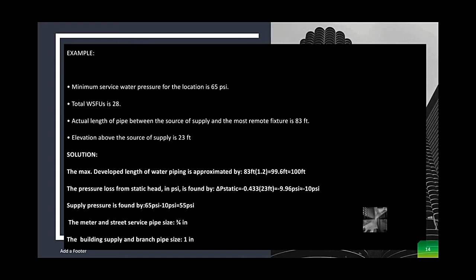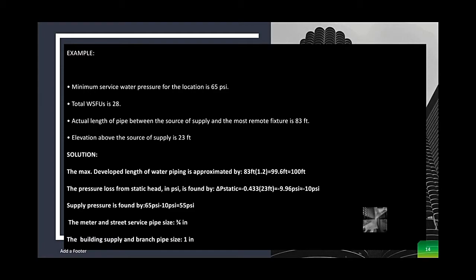So, we have here 83 feet actual length of pipe. I-multiply lang natin siya sa 1.2 based dun sa step 3. And then, makakakuha na tayo ng 99.6 feet, which is approximately 100 feet.